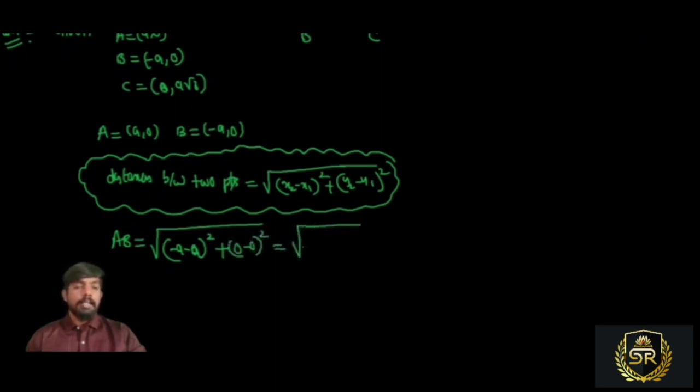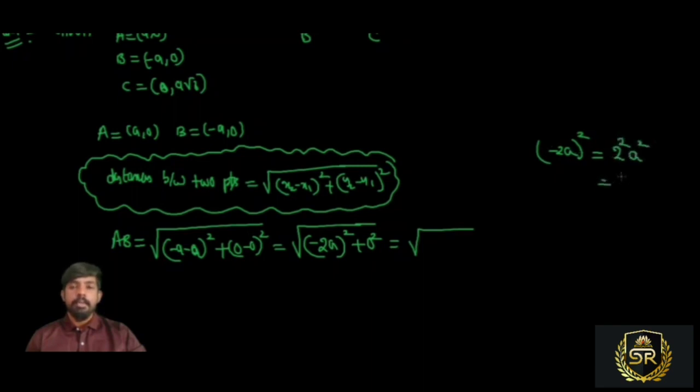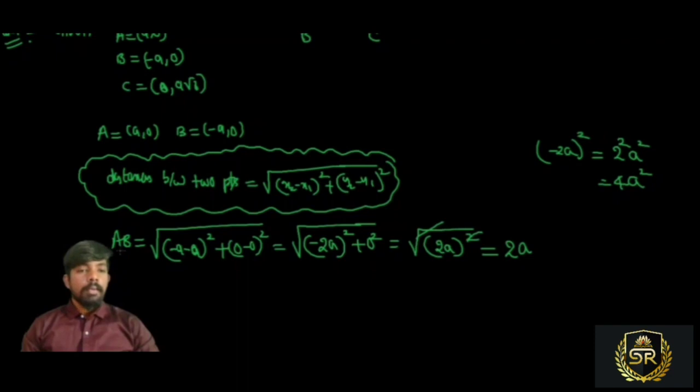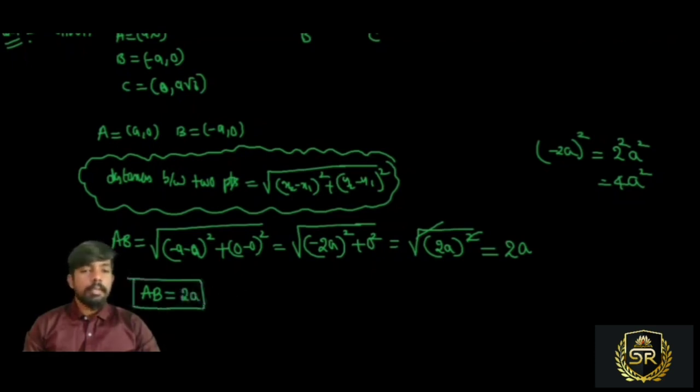Minus a minus a is minus 2a whole square, plus 0. Inside the square minus 2a will become positive, 2 square is 4, a square is a square only. So we can write 2a whole square, the square root cancels, so AB distance is equal to 2a.